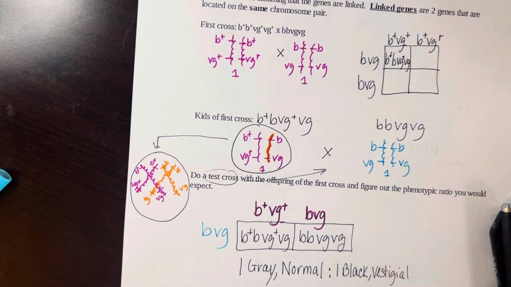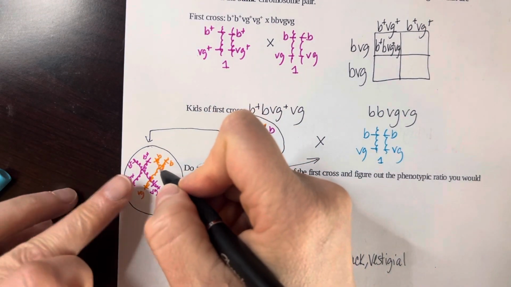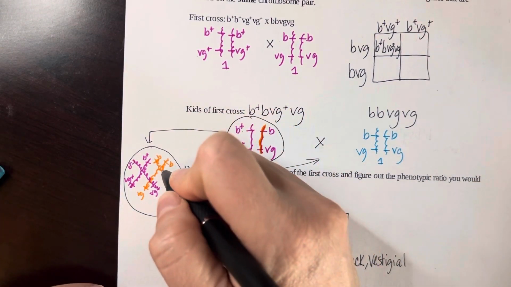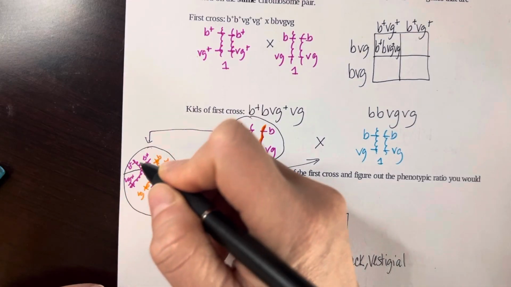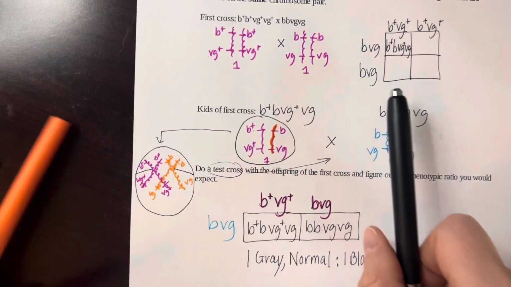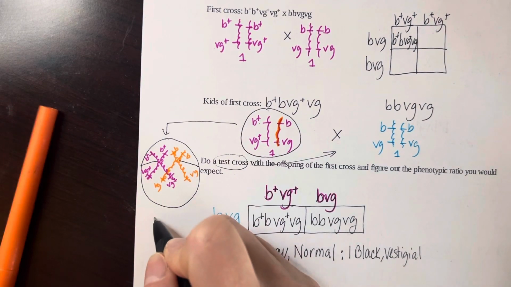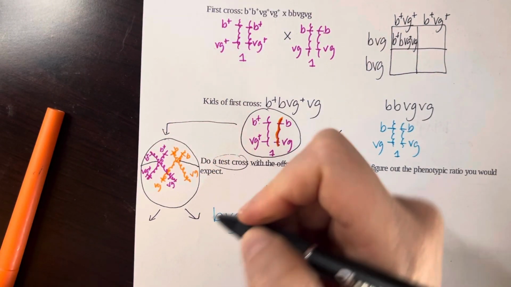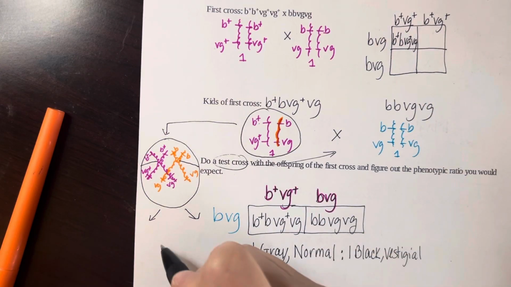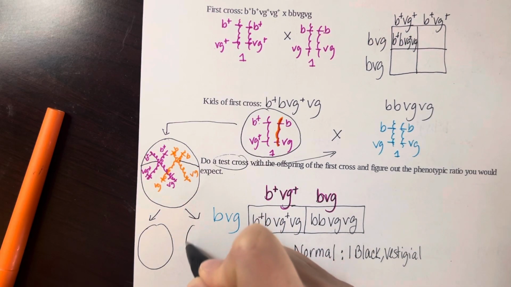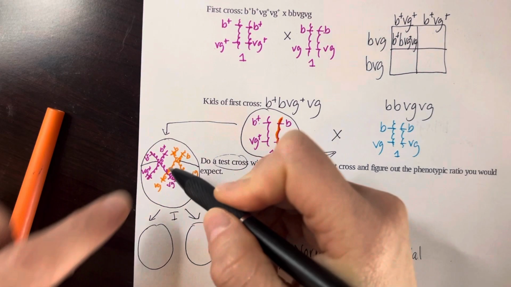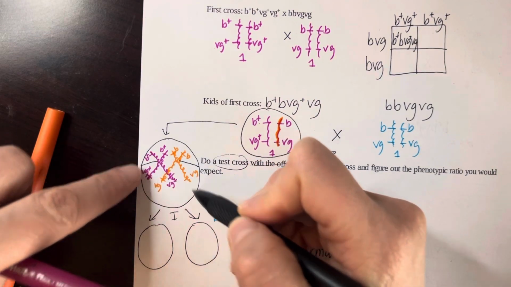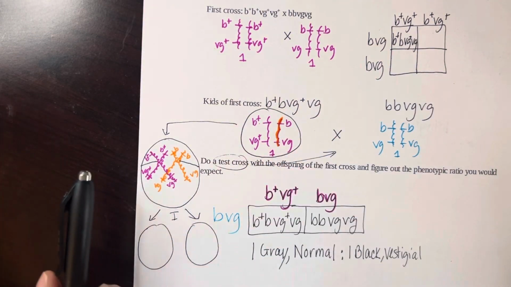Okay, so fast forward. They line up during meiosis with their partners. The spindle fibers pull them to opposite sides of the cell. The cell is going to indent, and we go through meiosis 1, where these two chromosomes, the pink and the orange, get pulled to opposite sides of the cell.